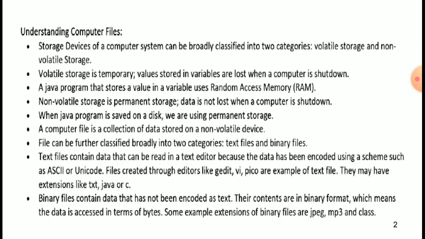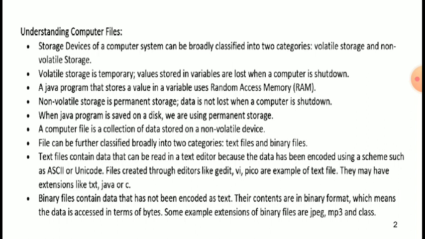First is volatile storage and second is non-volatile storage. Volatile storage is temporary. Values stored in variables are lost when a computer is shut down. A Java program that stores a value in a variable uses random access memory, that is RAM.